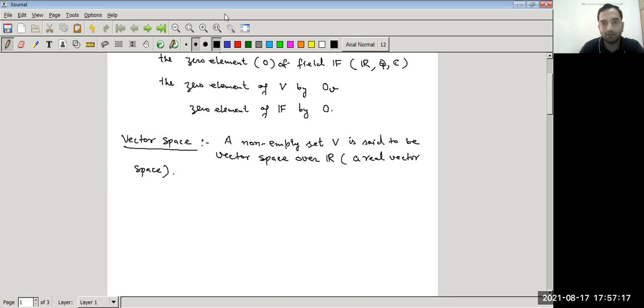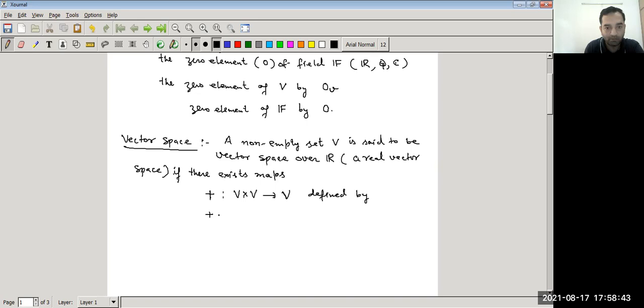If there exists a map plus, this plus means addition, from V cross V to V, defined by plus.